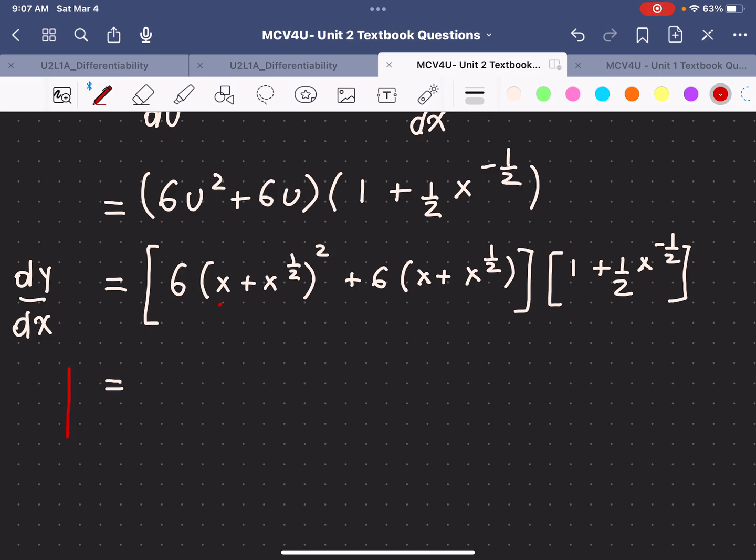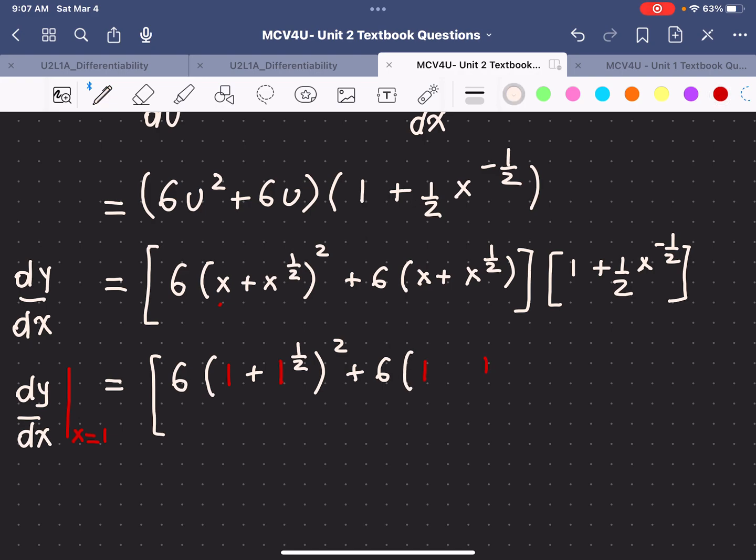So we'll say that at x equals 1, dy/dx would equal, open up brackets, we have 6, we have number 1 wherever we see x, and then to the power of 2 plus 6, and now we have 1 again, plus 1 to the power of 1 over 2, and then we have again 1 plus 1 over 2, number 1, this time to the power of negative half.